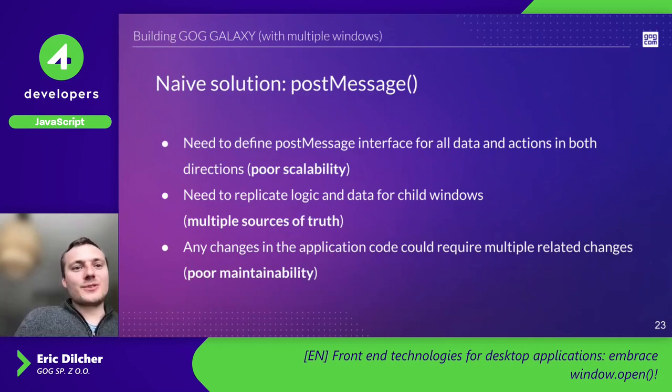Of course, you can try to abstract some of the ideas out and define a single interface, but ultimately we still had to go through this post message interface. When we have this, it implies that we would need to have in memory the data and even the logic in both the main window and the child window.